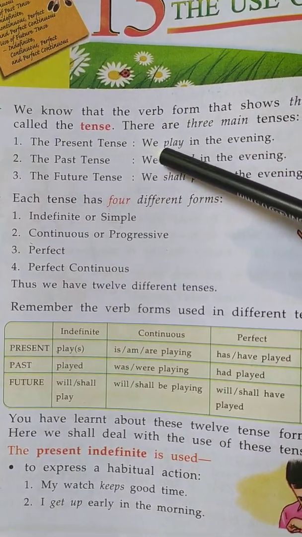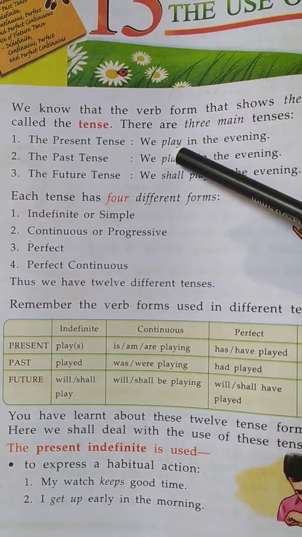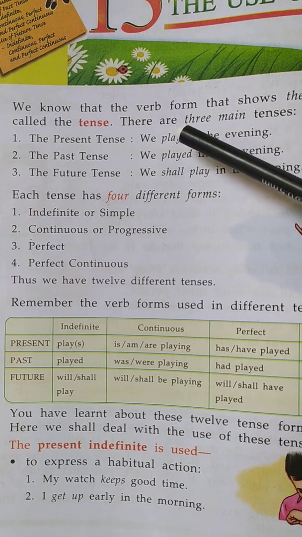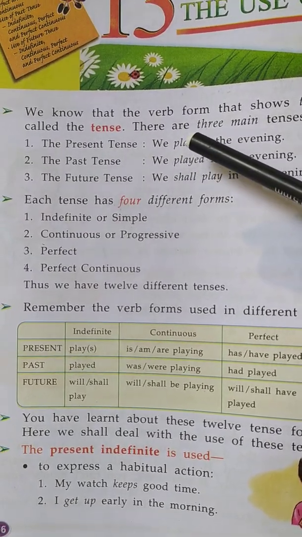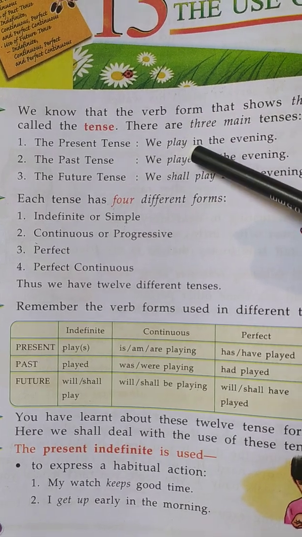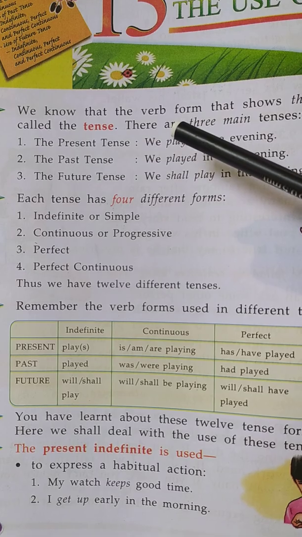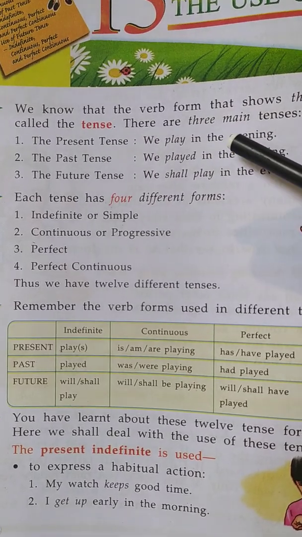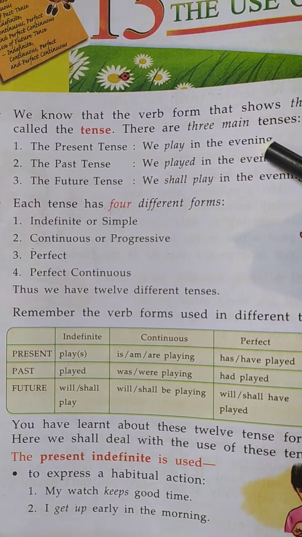The example is we play in the evening. Play is the present form of the verb. That's why we can be confirmed about the fact that it is present tense. By seeing the verb form play, we can tell that it is present tense.